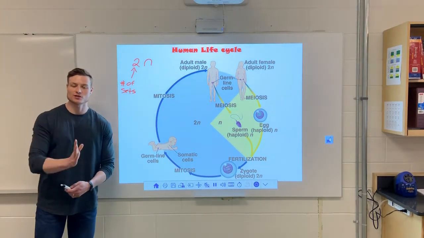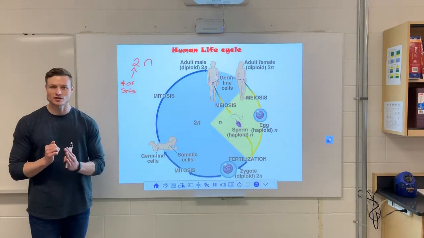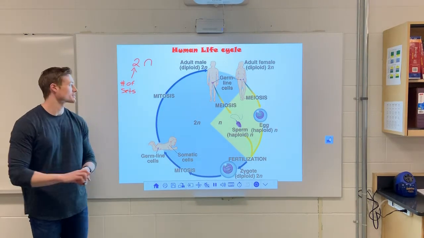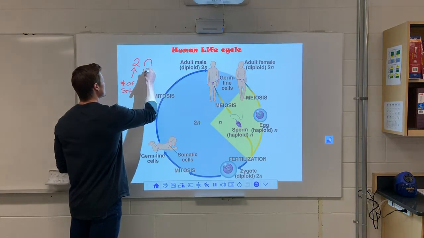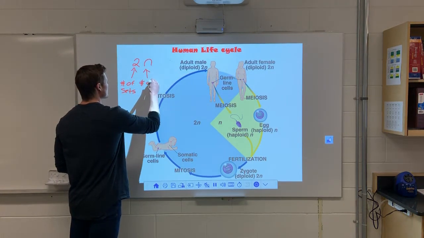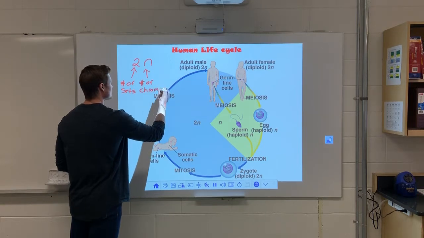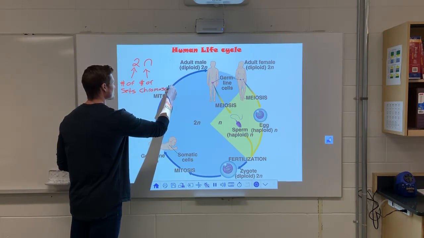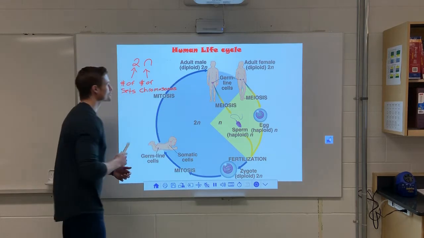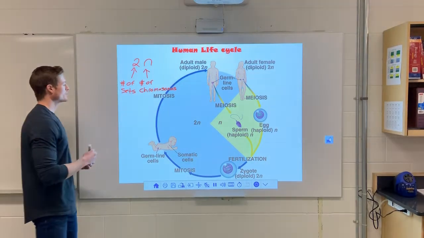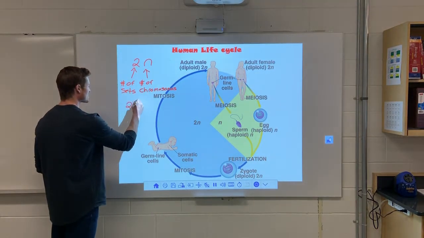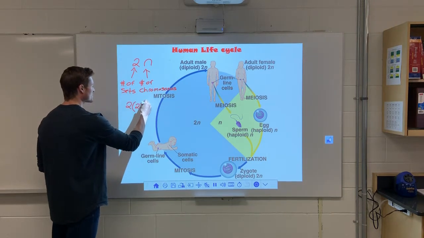One set of 23 from mom, one set of 23 from dad. So two sets. N refers to the number of chromosomes. So in this case, a human would have two sets of 23 chromosomes.